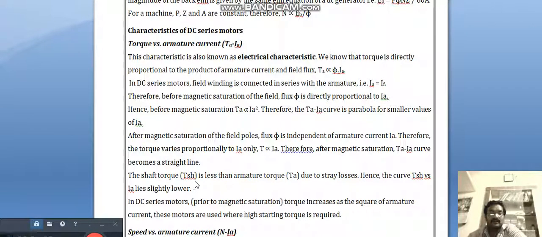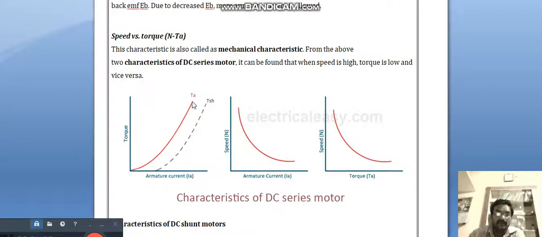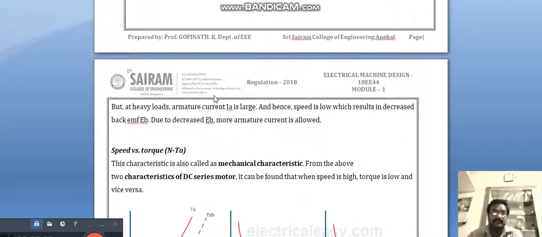The shaft torque Tsh is less than the armature torque Ta. See here, there are two waveforms: one is Ta, the armature torque, and the other is Tsh, the shaft torque. The value of Tsh will always be less than the armature torque. Armature torque is the torque generated in the motor. Shaft torque is the useful torque available after the losses.